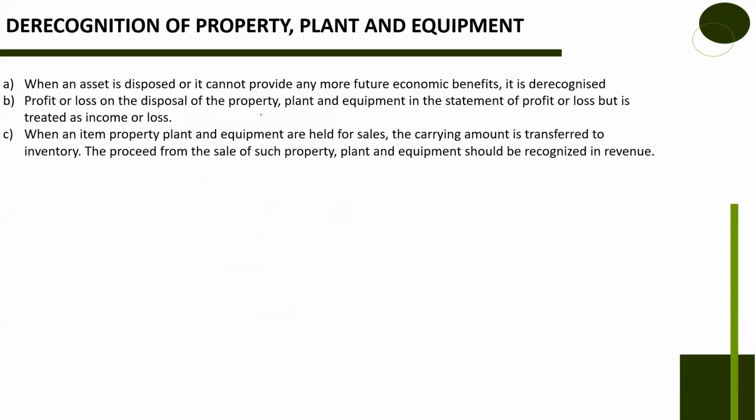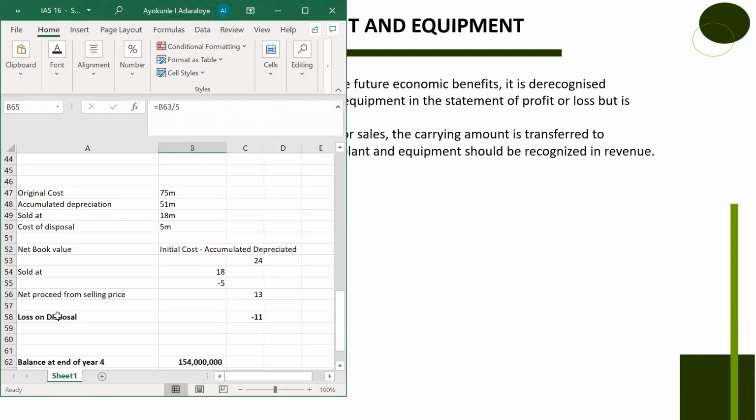Profit or loss on the disposal of the PPE is shown in the statement of profit or loss, treated as income or loss. When we looked at that question, I said that loss on disposal, you take it to the income statement and you reduce it from your profit for that year.